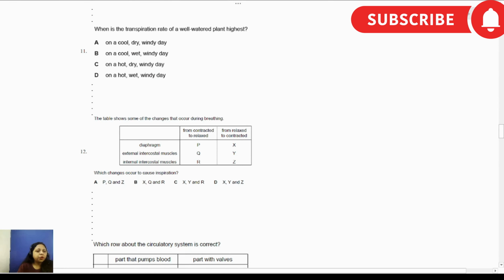When is the transpiration rate of a well-watered plant highest? Now it has enough water. What increases the rate of transpiration? There are three factors which increase it, and there is one factor which decreases it. So if we want to increase the rate of transpiration, we need to increase the temperature. We need to increase the wind, right? We need to increase light maybe.